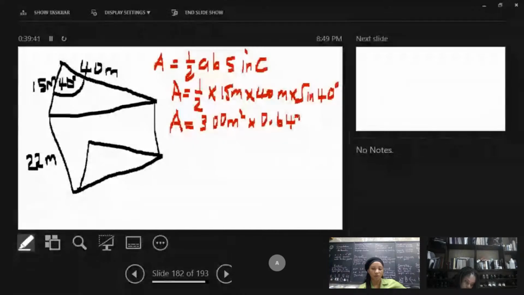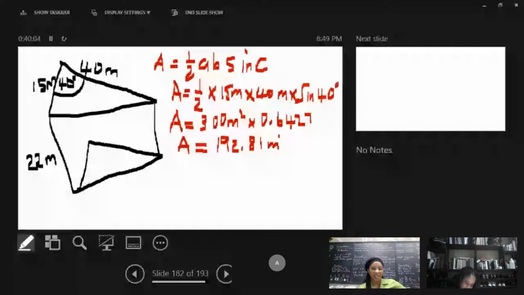Multiply by the 300. 300 times 0.6427 is 192.81. Yes. So that's the area of the triangular base.